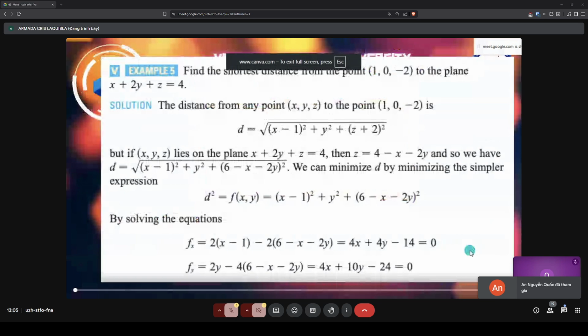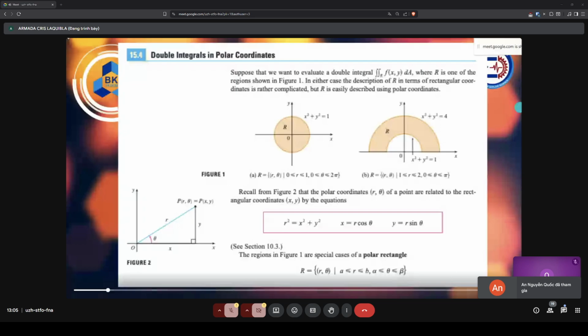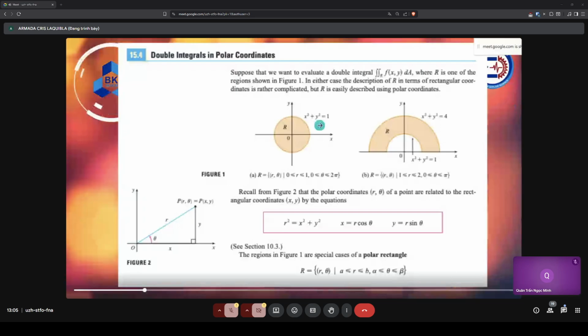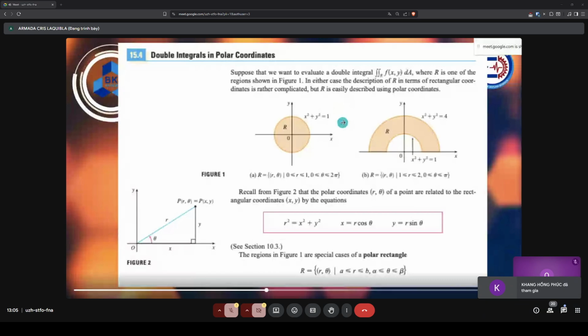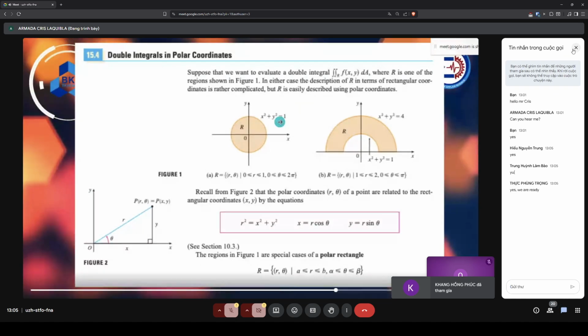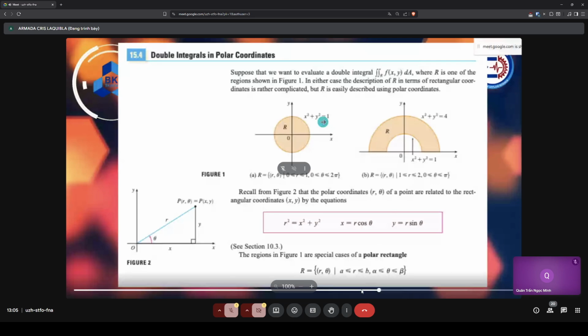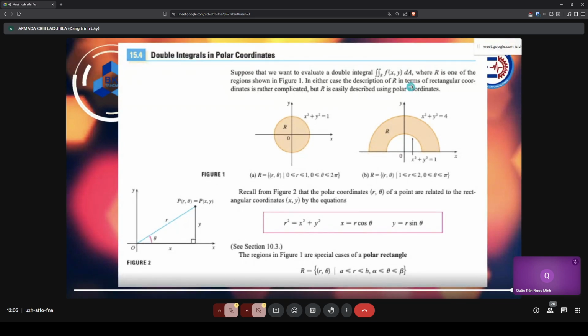So we have this as an example. You have this circle here, x squared plus y squared is equal to 1. So this is the region. If your region R there is a circle, then you have to use double integrals in polar coordinates. So the double integral of f(x, y) over the region R dA.